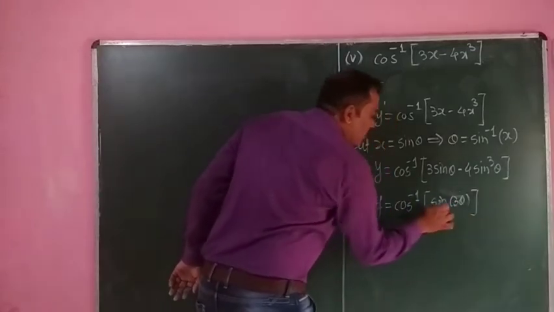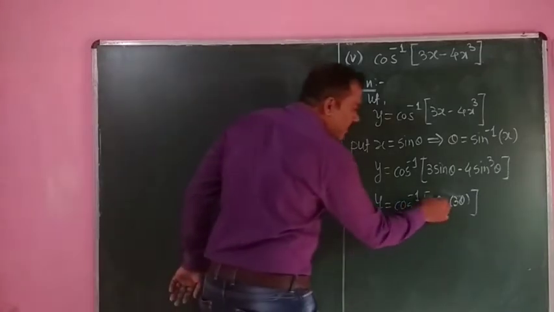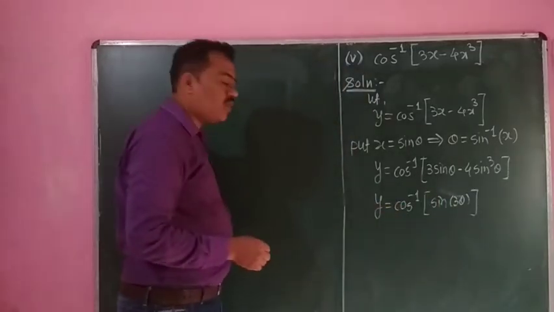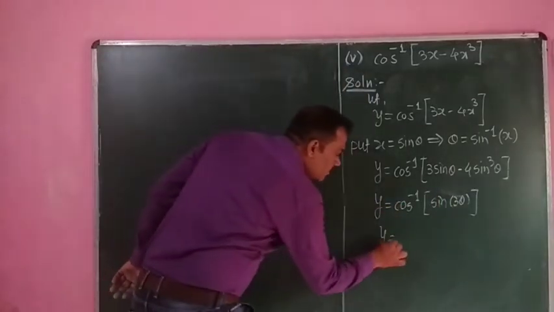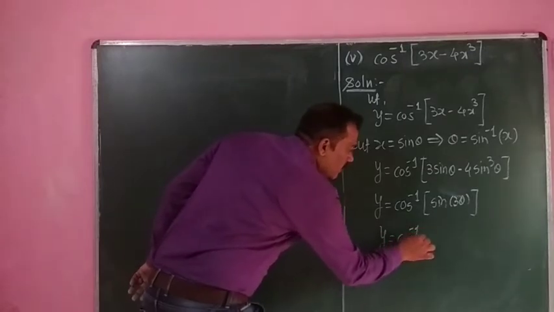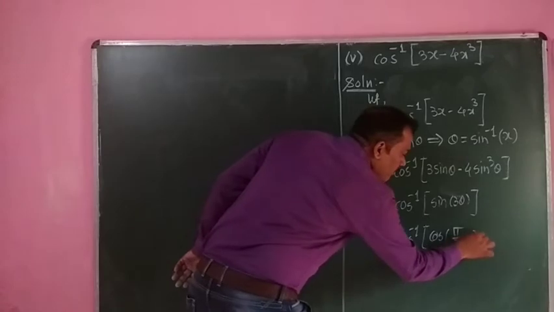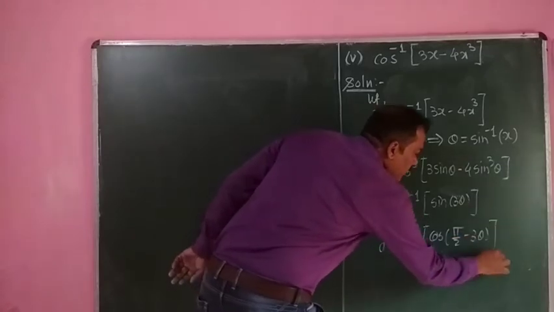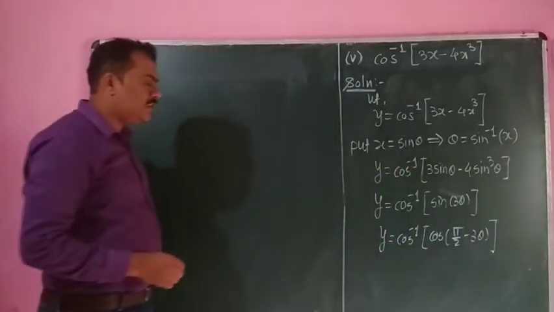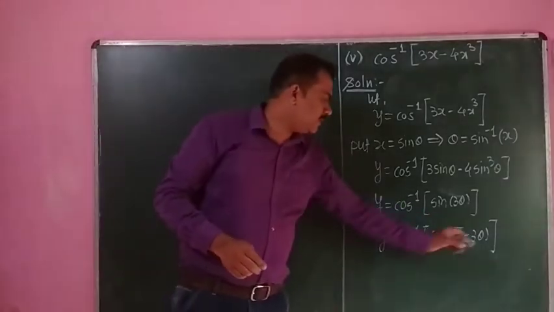By using the allied angle formula, we convert this sin into the trigonometric function cos, so we get y is equal to cos inverse of cos of pi by 2 minus 3 theta. That is, cos of 90 minus theta is nothing but sin theta, here theta is 3 theta.